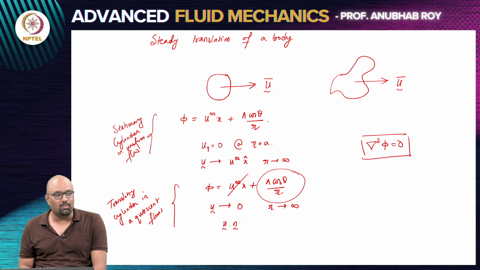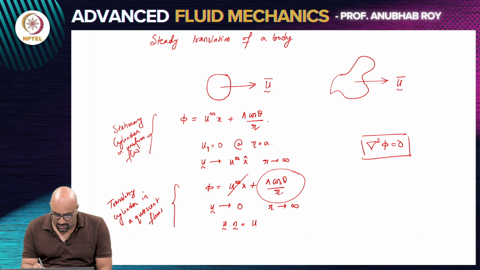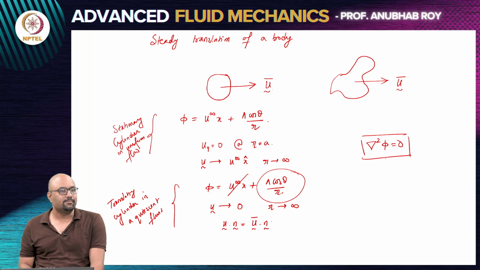If you go back to your boundary condition discussion, the normal boundary condition is u of the body, if the body is moving with some speed. So, here I will assign a velocity which is u bar for the body, u bar dot n. So, on the surface of the body, the fluid velocity's normal component should be equal to the normal component of its motion.